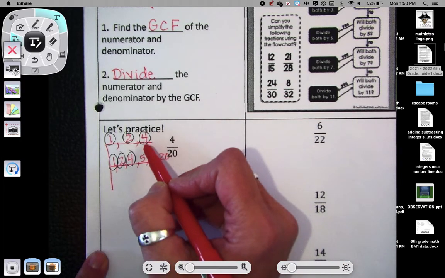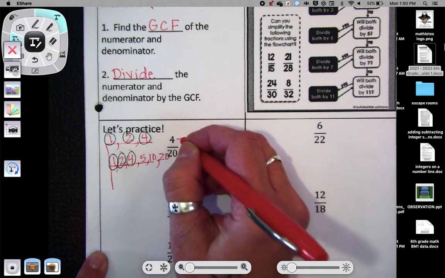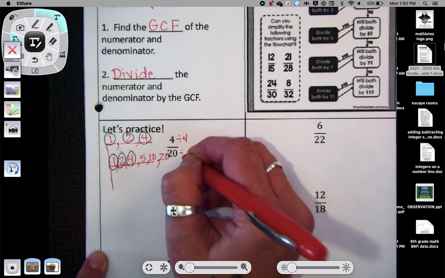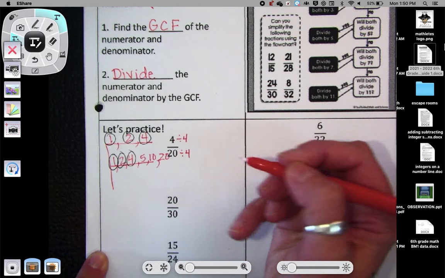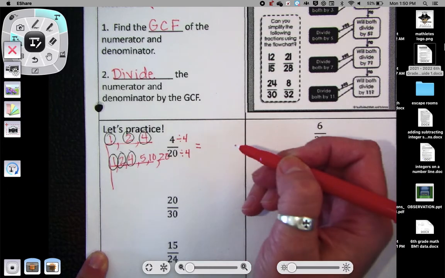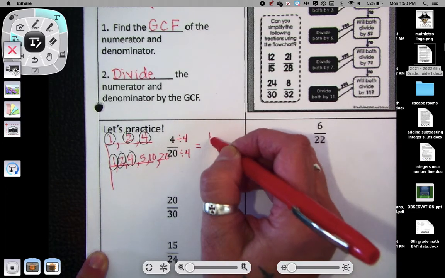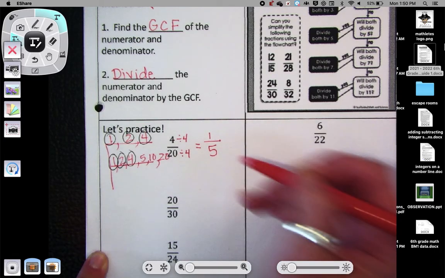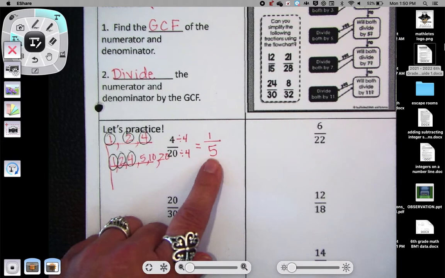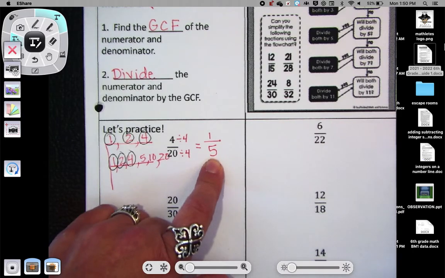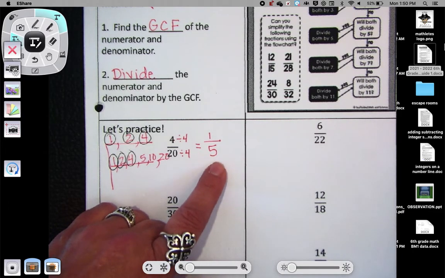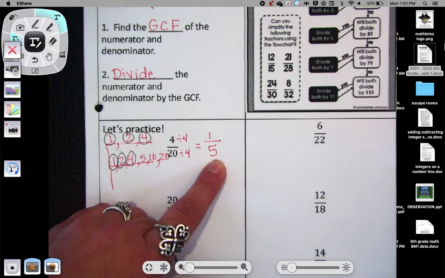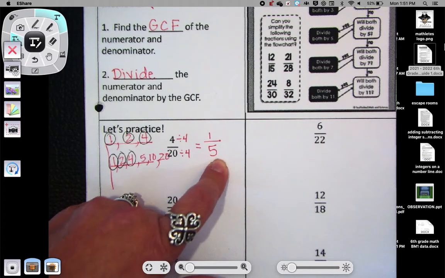So the greatest common factor is 4. So I'm going to divide the numerator and denominator by 4. 4 divided by 4 is 1. 20 divided by 4 is 5. And I know 1/5 is in simplest form because nothing goes into 1 and 5 evenly except for 1.